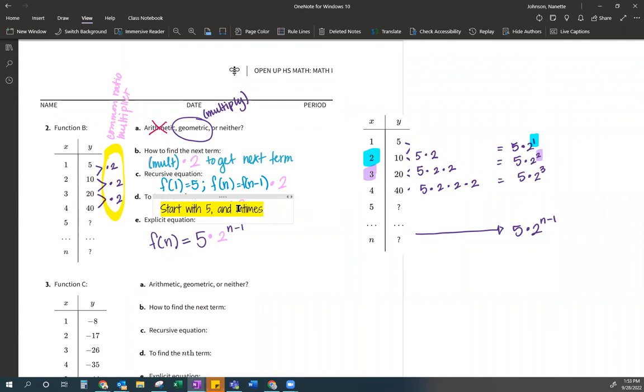Yeah, I'm multiplying. So multiply by 2. Now, how many times am I going to multiply it? Oh, well, you already told me n minus 1. Oh, okay. So write n minus 1 here, Ms. Johnson? Yes, please. So you're going to multiply by 2 n minus 1 times.